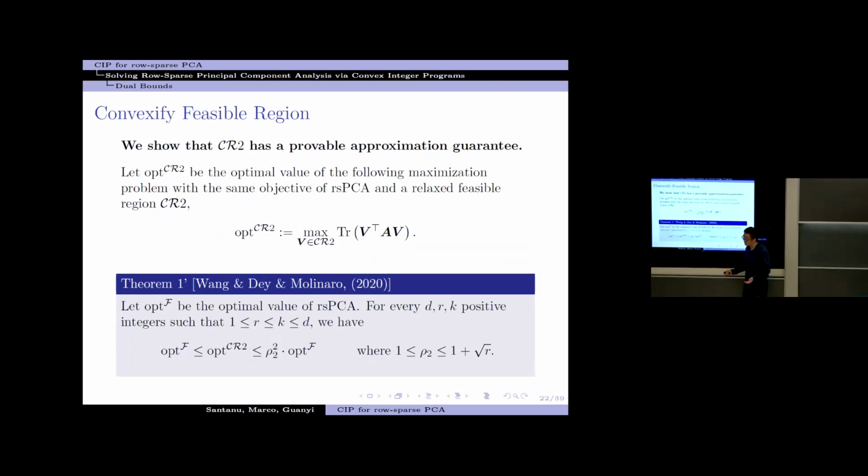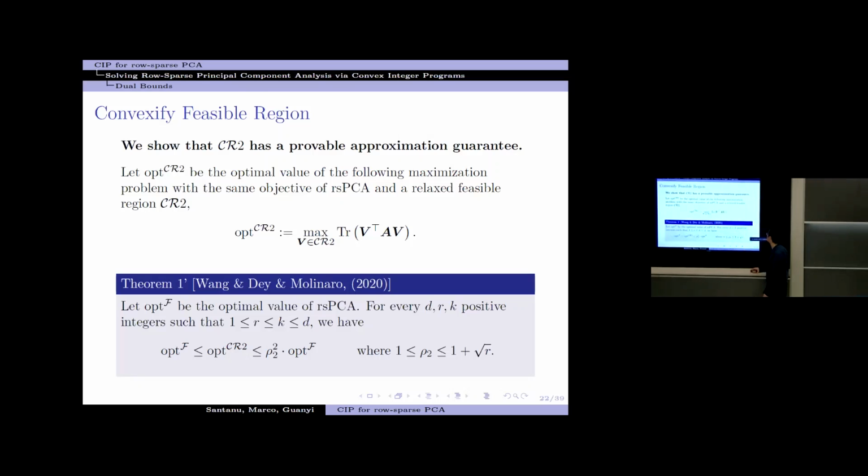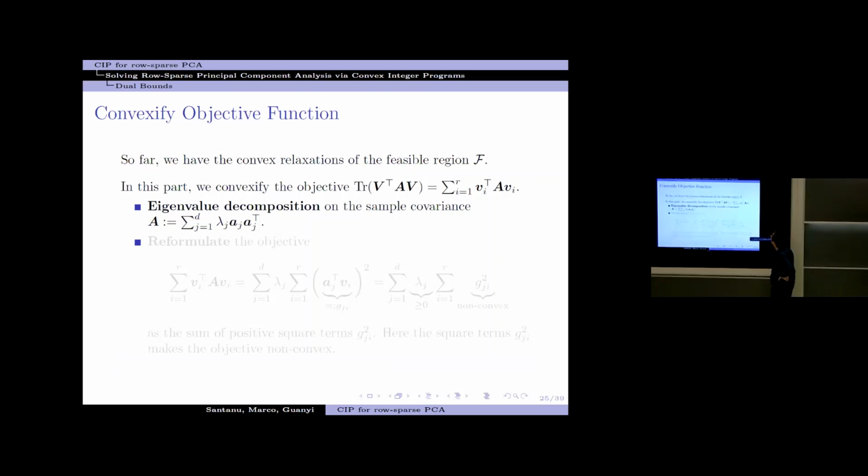And similarly, the second relaxation also has an approximation ratio guarantee for the original convex hull. Formally speaking, it looks like this. The approximation ratio is upper bounded by 1 plus square root. Okay. And yeah, I also want to skip the proof of this theorem.